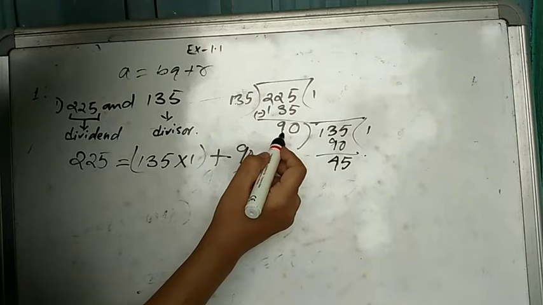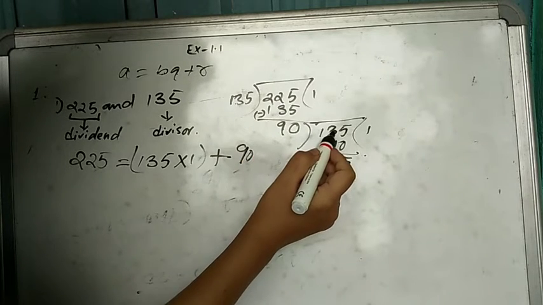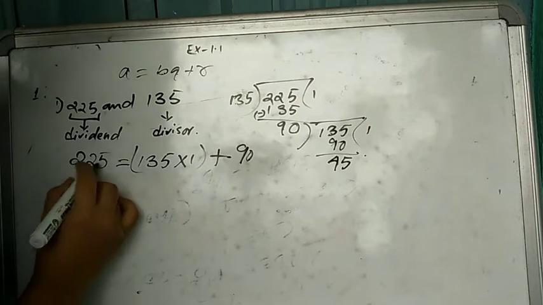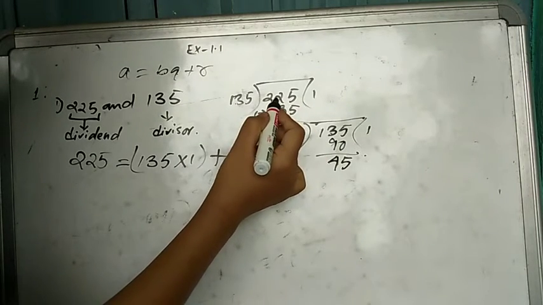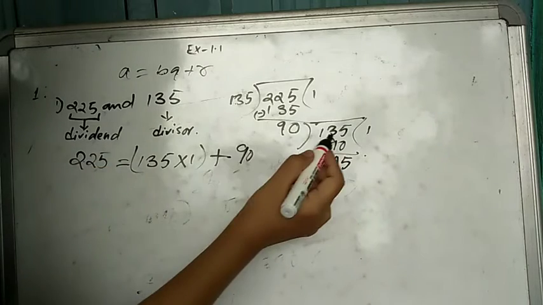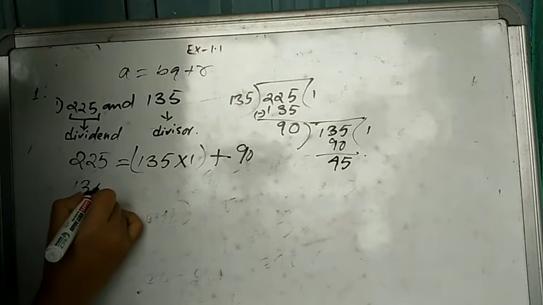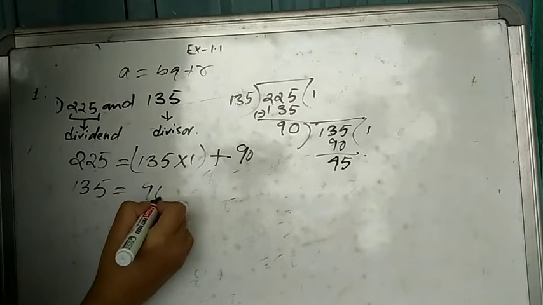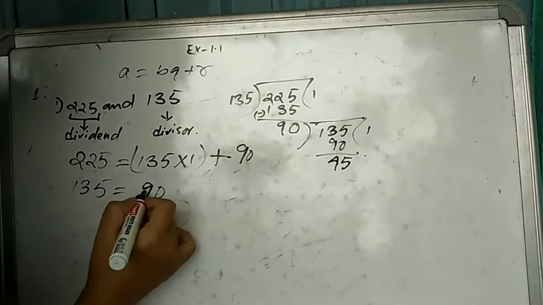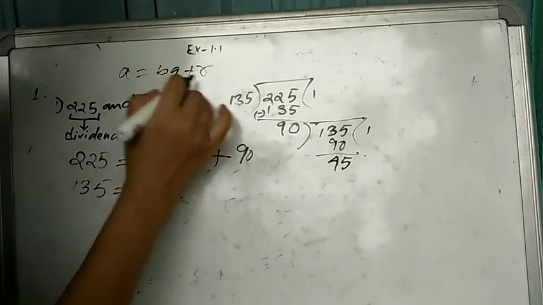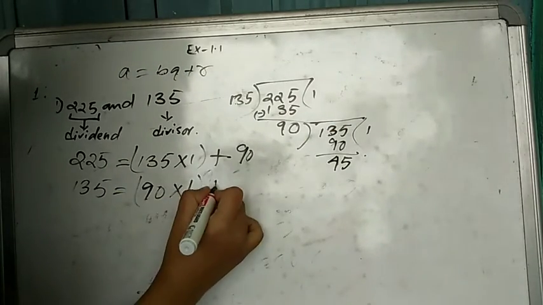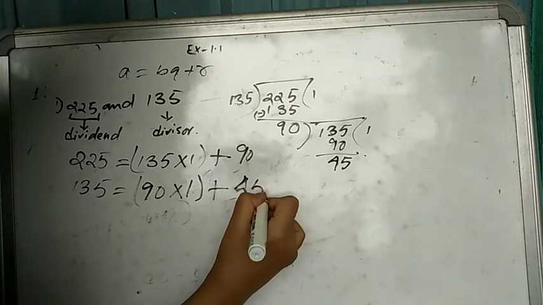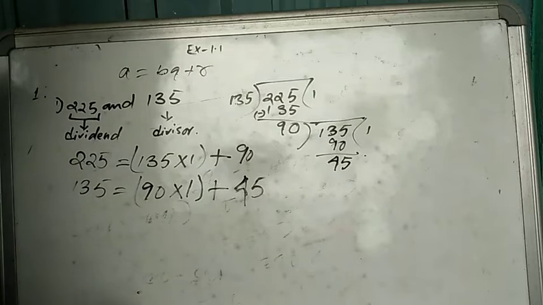In the second step, since the dividend now is 135, whereas earlier it was 225, we write 135 equals 90, the divisor now, into quotient 1, plus the remainder over here, which is 45. So 90 into 1 plus 45.